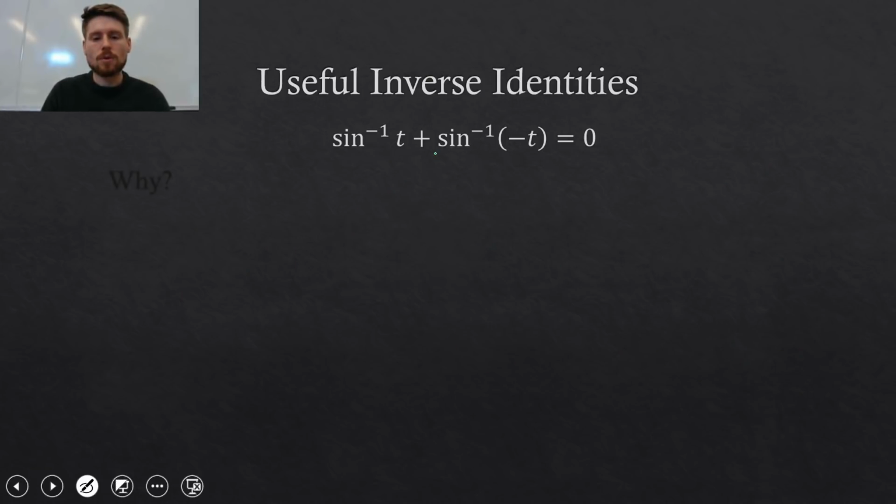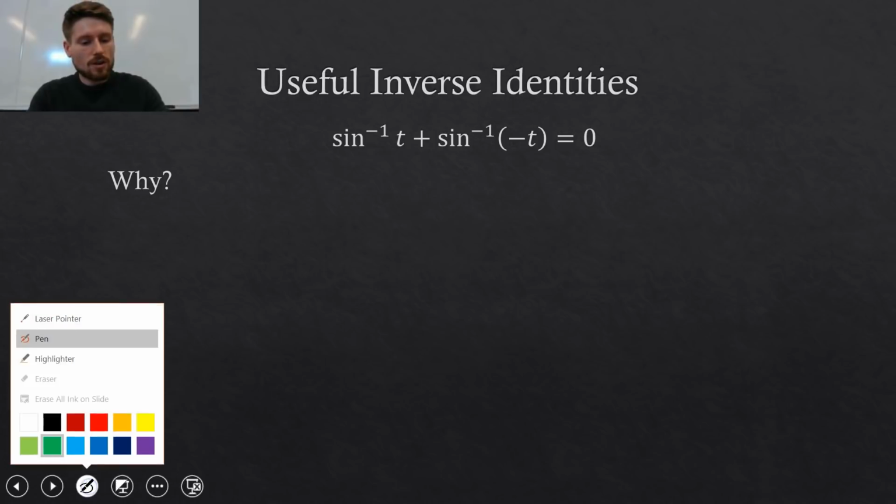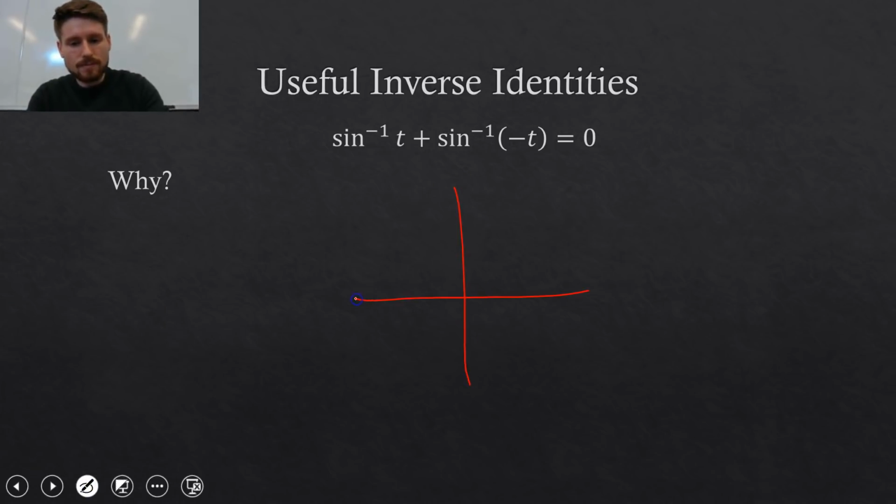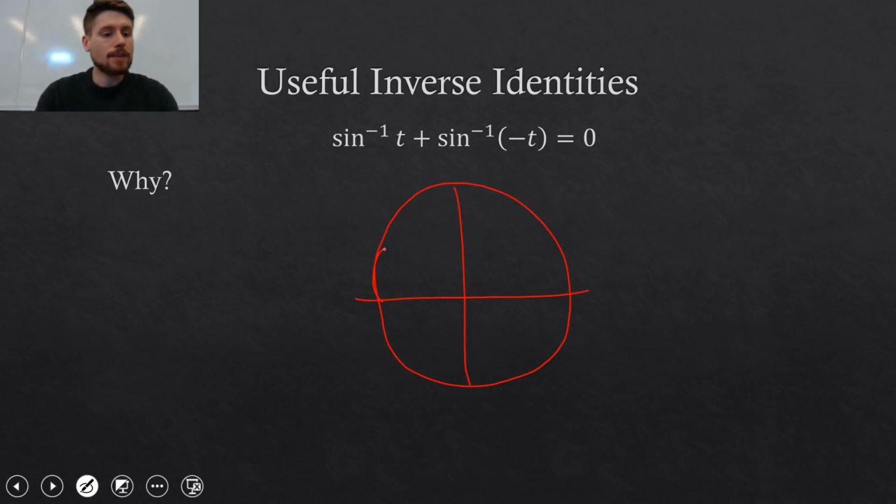Okay, we'll do one more. Sine inverse of t plus sine inverse of negative t equals 0. Again, let's draw the diagram. Again, this only makes sense if t is a value from -1 to 1. It's true for any t in that set of numbers, though.